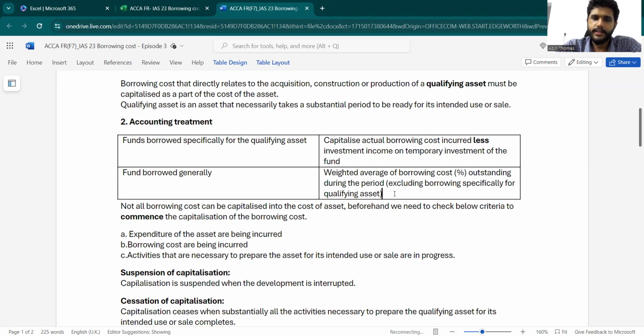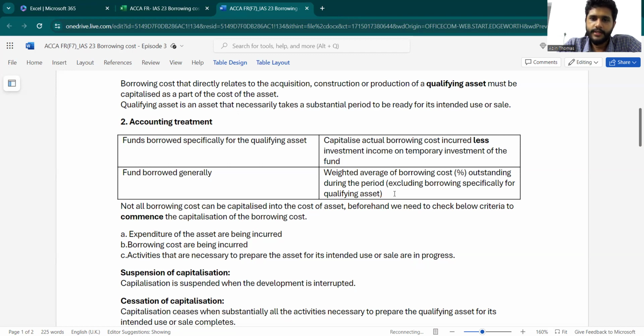In such cases, the business uses that loan for the construction of a specific qualifying asset, which is not known to the bank. They have not told the bank, but they have used the loans for the construction of a different qualifying asset.